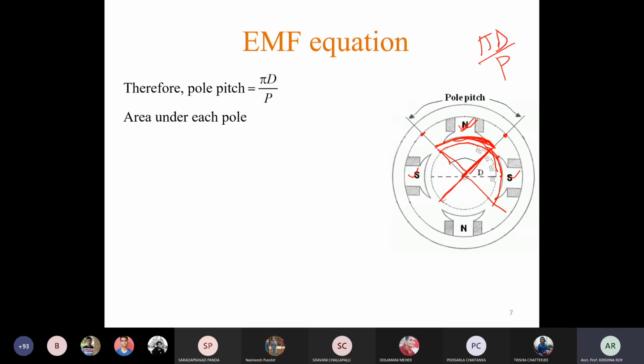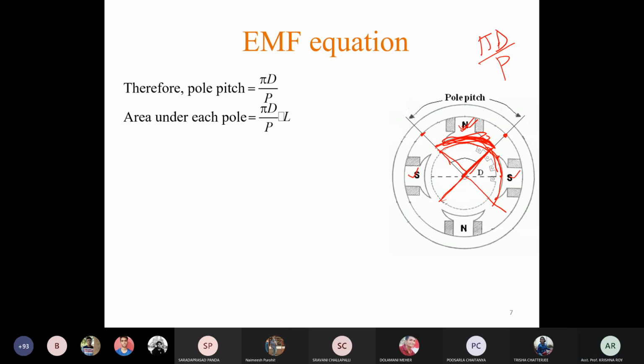This section is called the pole shoe. So the length of this pole shoe and the length of the rotor are basically the same. If we multiply this pole pitch by the length of the rotor, we will get the area under each pole.